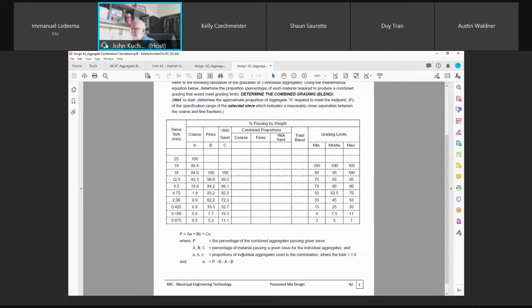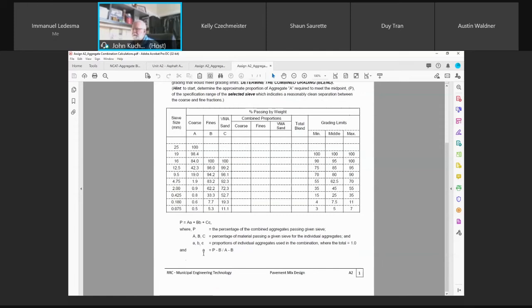Okay? A is the percent of the material passing a given sieve. So for example, A for the 4.75 on the coarse aggregate is 19. B on the 4.75 is 83.2. C on the 4.75 is 92.3. We can look at the 2 millimeter and say uppercase A is 0.9, uppercase B is 62.2, and so forth. Okay? Lowercase a, b, c are the portions of individual aggregates.